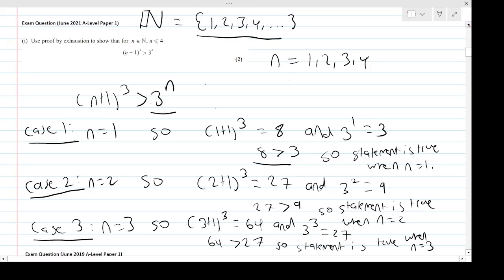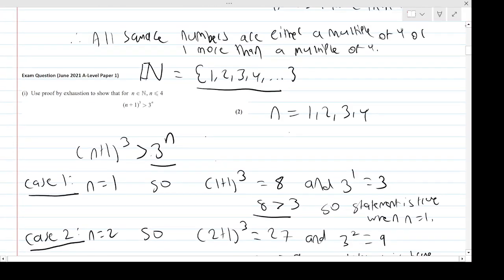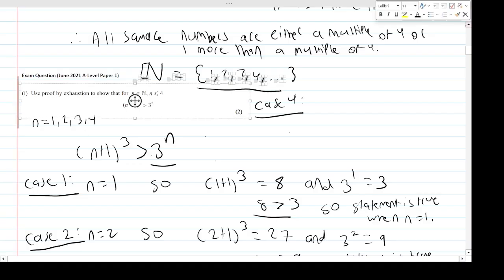The fourth case I'm going to have to write up here somewhere. I'll write my list of values there, and I'm going to make room here. So the fourth option is n is 4, the only other number it could be.